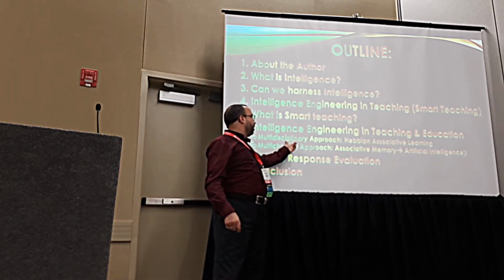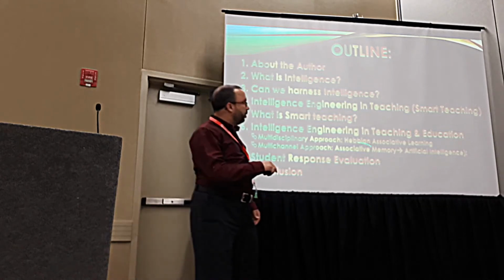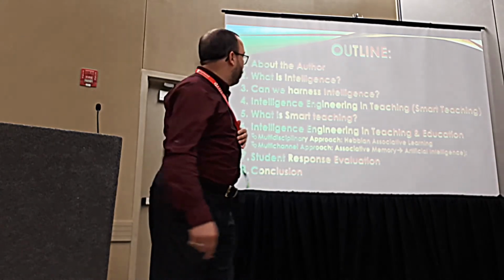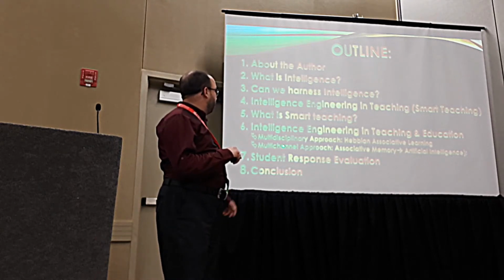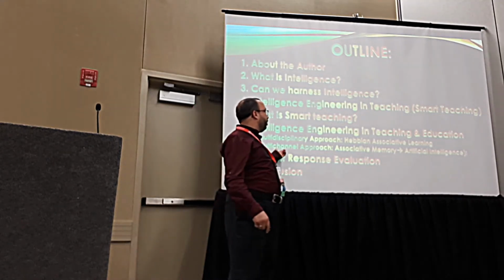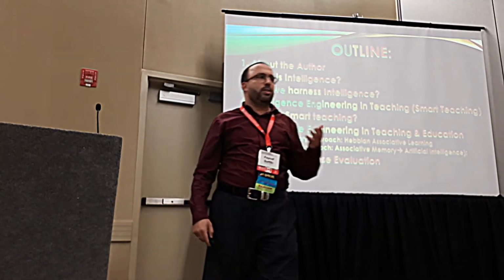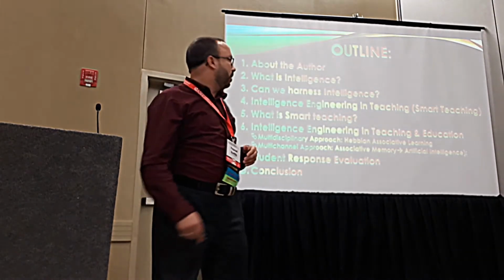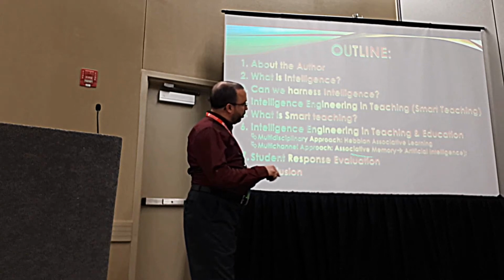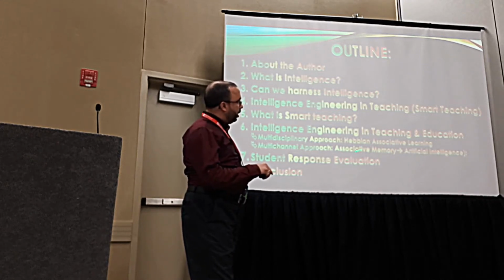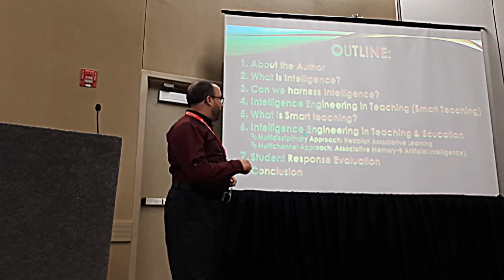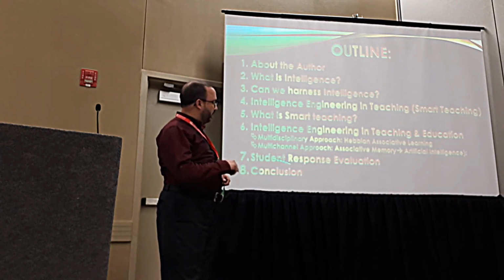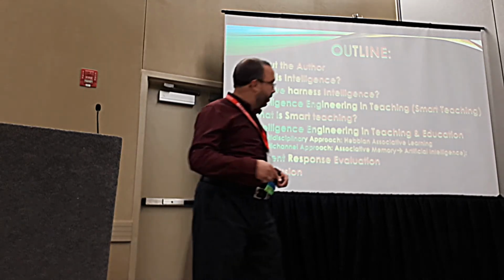One is the multidisciplinary approach using the Hebbian rule in neural networks, which I will explain very briefly. The second is the multi-channel approach, commonly known as blended learning, for which I will also use artificial neural networks, in the associative memory aspect. Then finally, we have to assess this method using student responses.